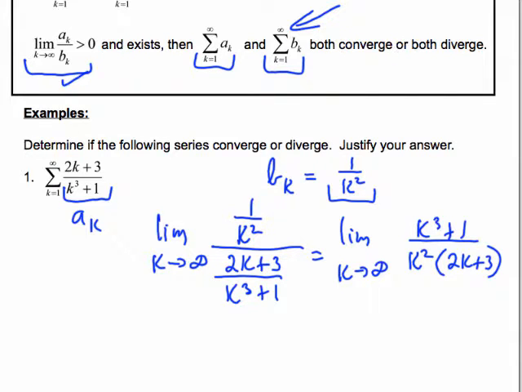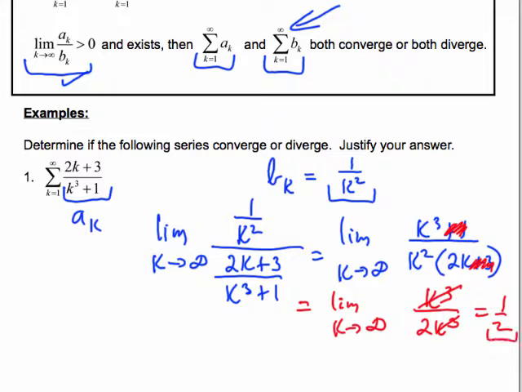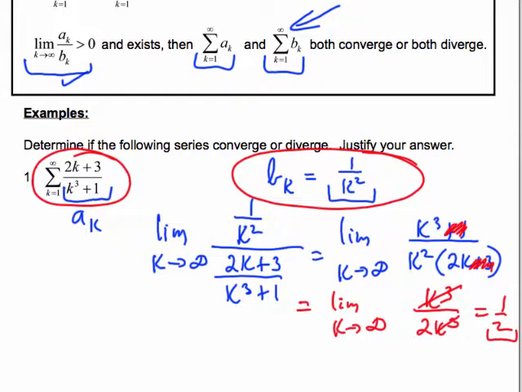As k is getting big, that won't matter, that won't matter. And so this is coming down to, and so those will cancel out, and I will get 1/2. And I have a finite value, so I know that the convergence of this series and this series will be the same. That's what the limit comparison test says.